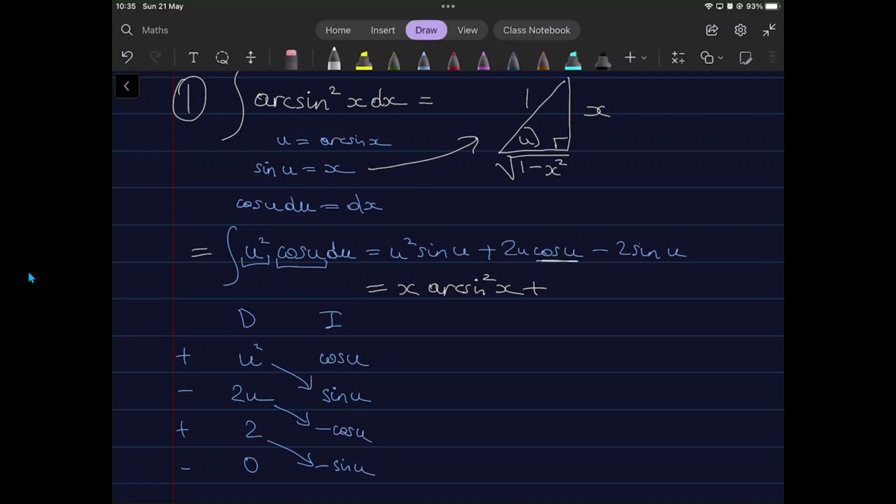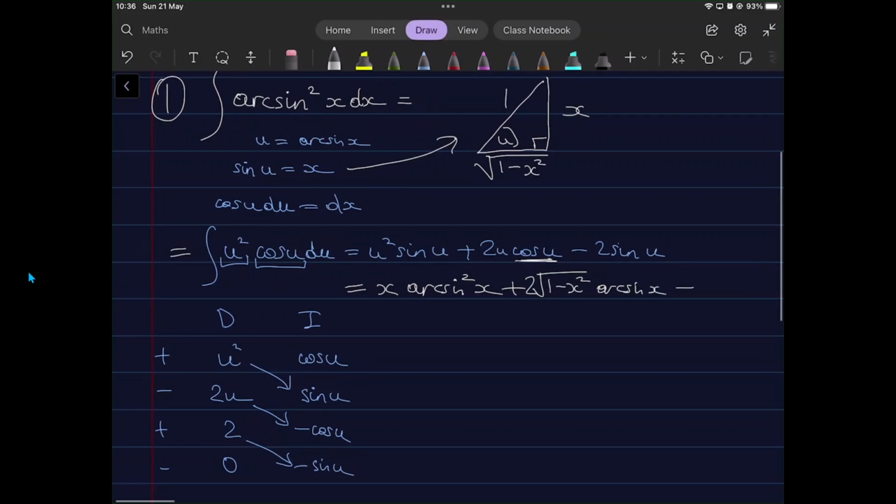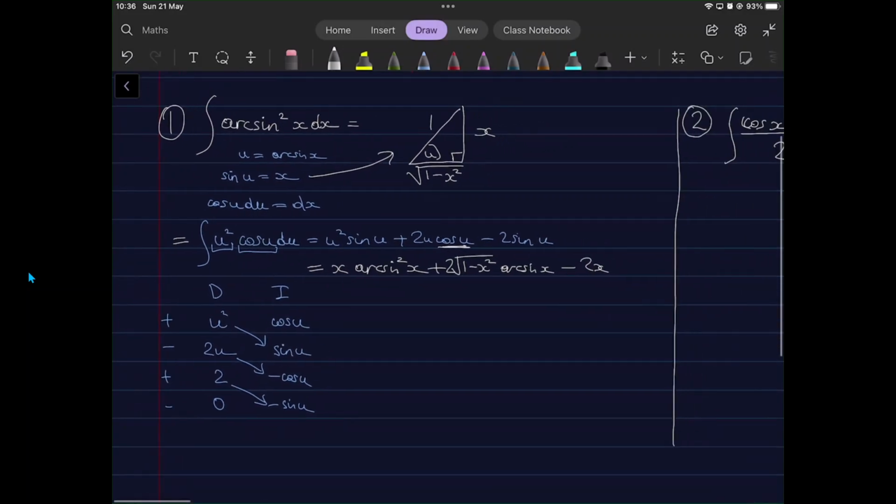Well, cosine of u is just the adjacent divided by the hypotenuse, which is, according to our right angled triangle, clearly equal to root 1 minus x squared. And 2u, let's just put the 2 on the front, like this. And then we have u, which is arc sine of x. Finally, minus 2 sine of u, which is negative 2x. Finally, plus c, and that's our first integral.